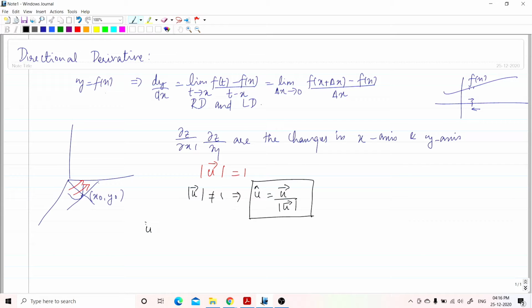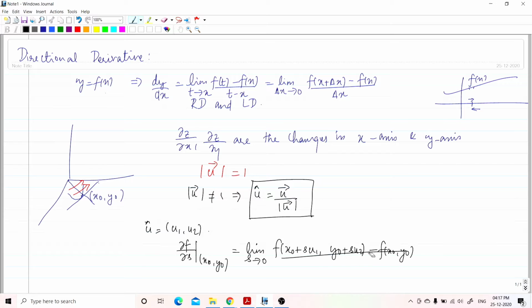This is how we define a unit vector, and with the help of the unit vector, we define the directional derivative. Say u has coordinates u1, u2. Then the directional derivative, that is del f upon del s at a point x0, y0, is defined as the limit s approaches 0, f of x0 plus s u1 comma y0 plus s u2 minus f of x0, y0 upon s.